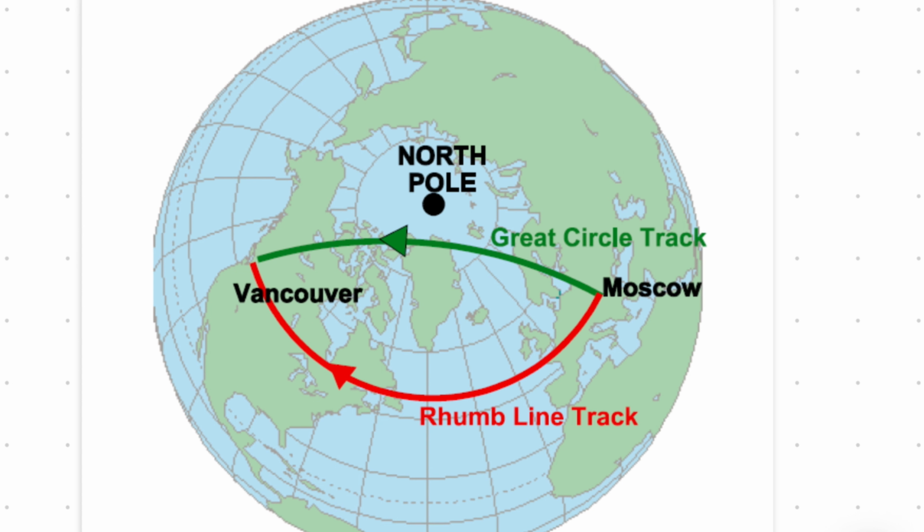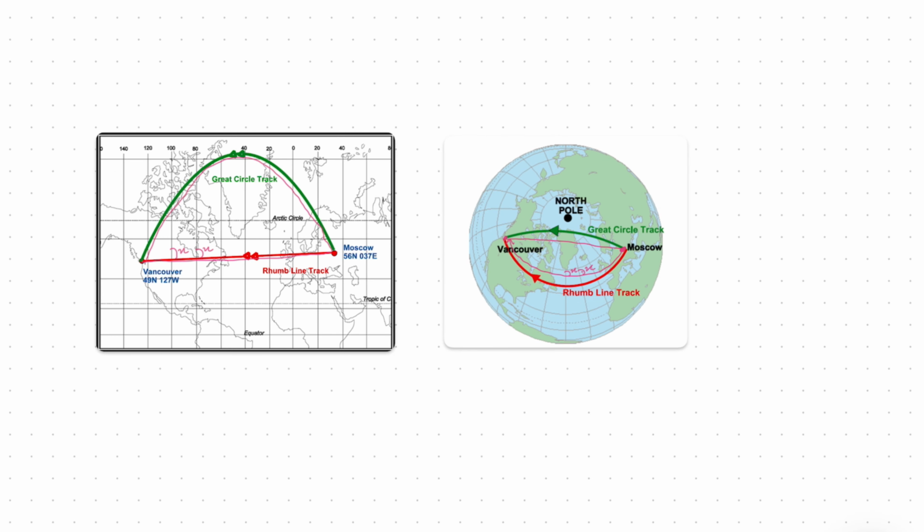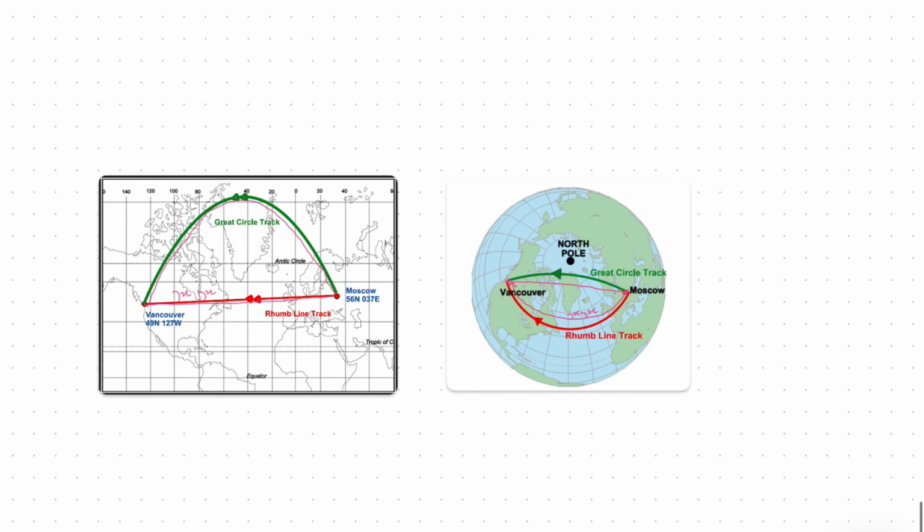Our earth is a kind of a oblate spheroid, so this will gonna be the shortest distance between Moscow, and this will gonna be the rhumb line between Moscow, which are making the constant angles with all the longitudes or meridians.